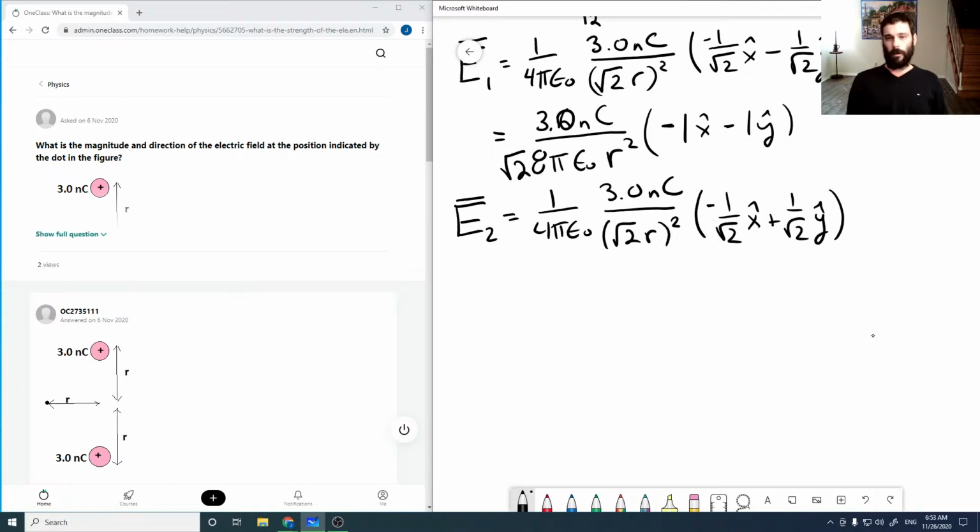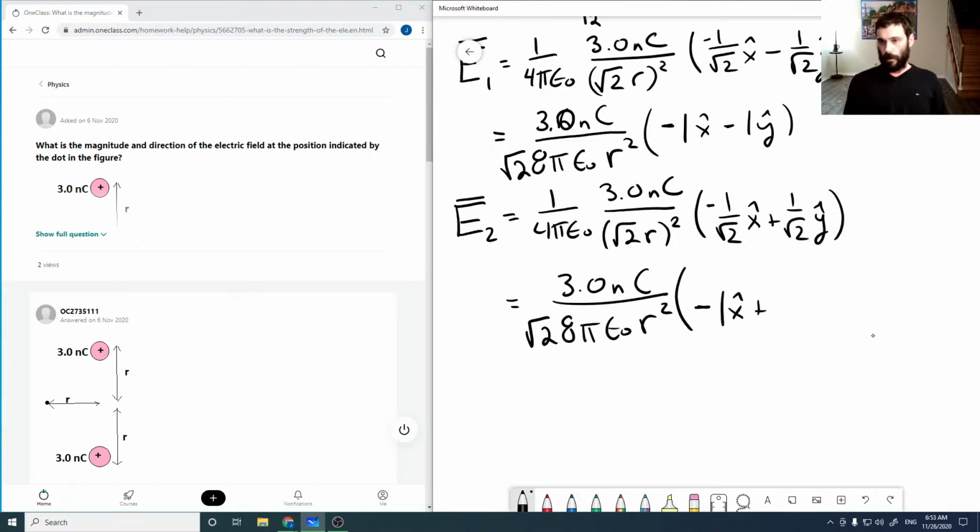So root 2 squared is 2 times 4 is 8, and I'm going to pull the root 2 out here. So this would be 3.0 nanocoulombs over root 2, 8 pi epsilon naught R squared, and then minus 1 x hat plus 1 y hat.